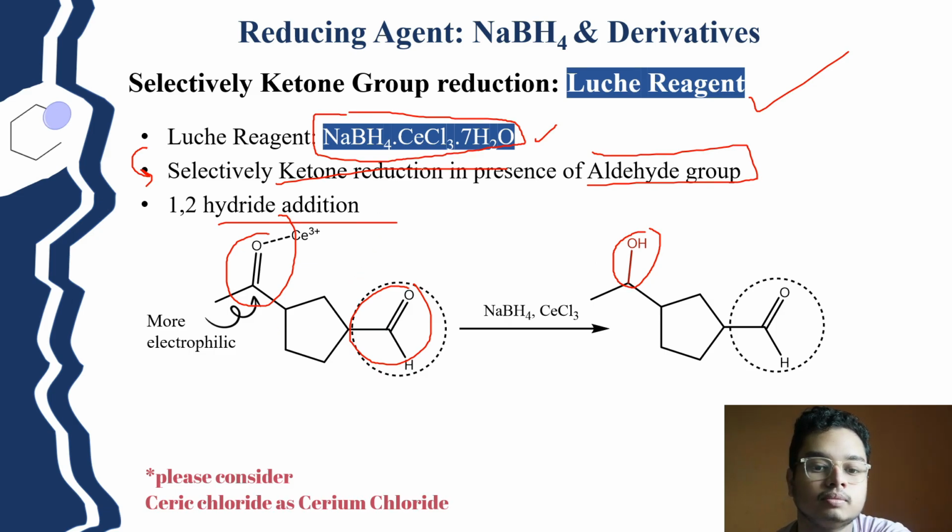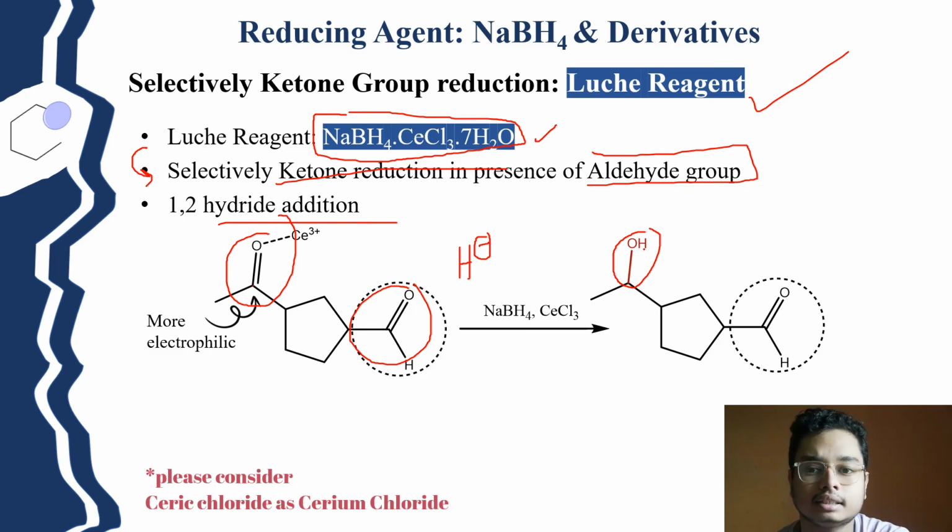This is because the cerium is chelating with the ketone part, which makes this carbonyl carbon much more electrophilic in nature. Since this center becomes more electrophilic, it attracts the nucleophilic attack more. In NaBH4, we know that the hydride is a nucleophile, and it will be more attracted to this center, because the carbonyl carbon is now more electrophilic.